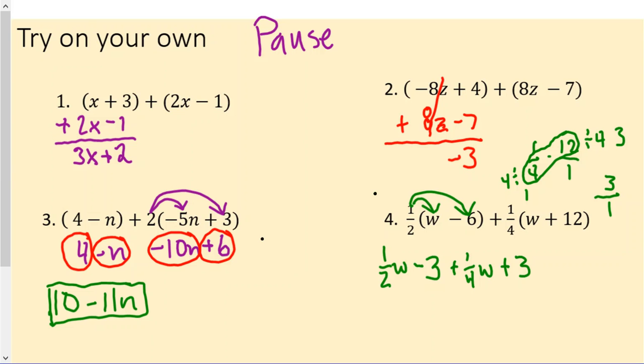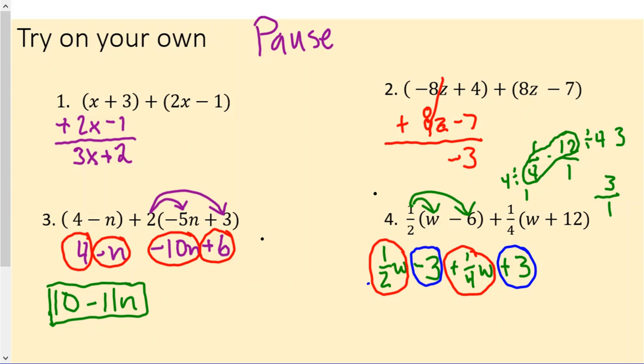Alright, so now we have distributed, so now we can combine like terms. We have 1/2 w and plus 1/4 w. And then we have minus 3 plus 3. And now we can combine. So 1/2 plus 1/4, we're going to have to get common denominators.